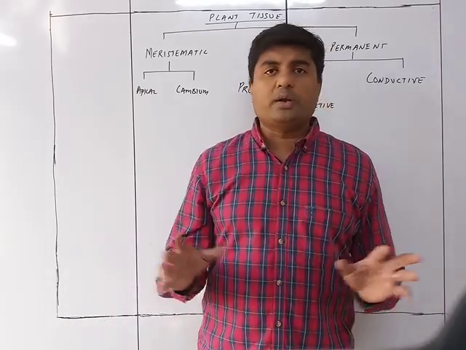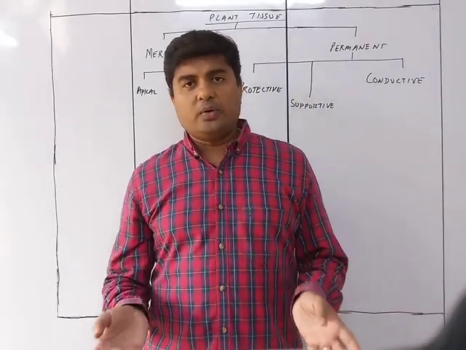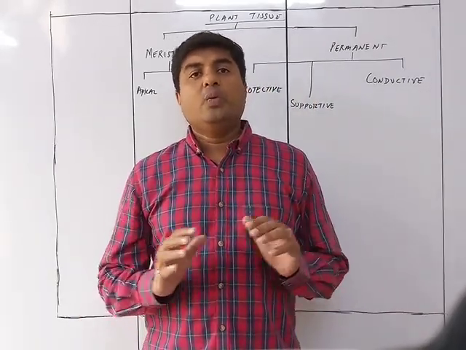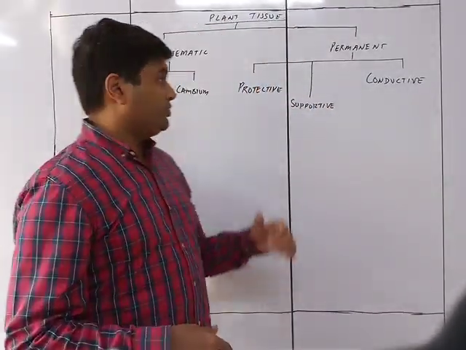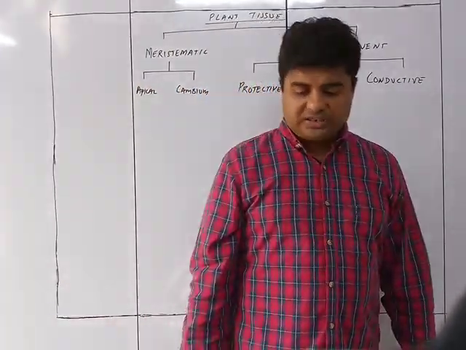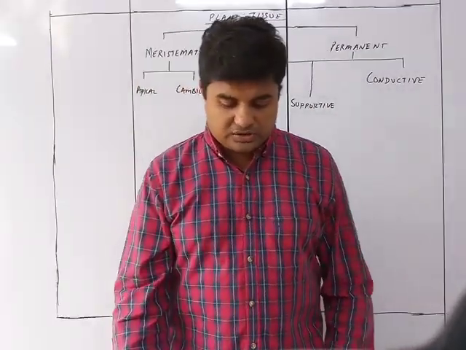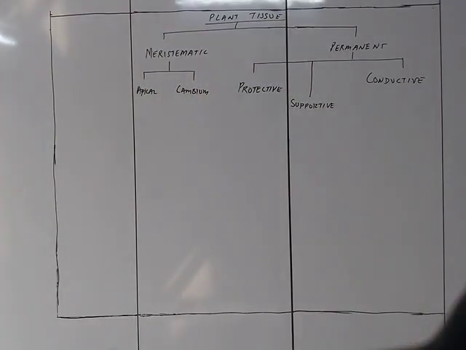It will never take water from the upper parts. So the upper part will always have a waterproof kind of coating, which is nothing but the protective tissue. So protective tissue is on the upper layers of the root, stem, leaves. We take the supportive in the next video.